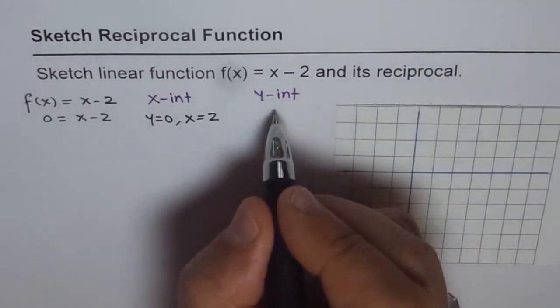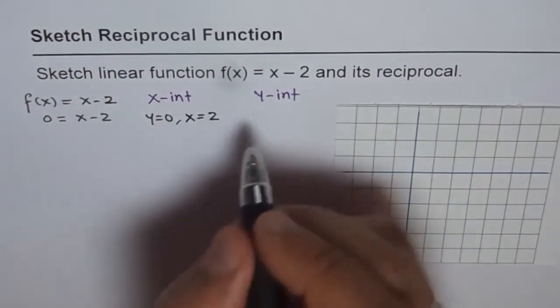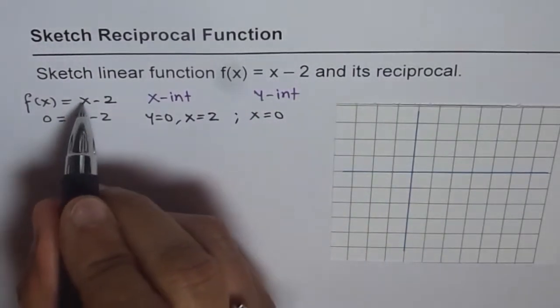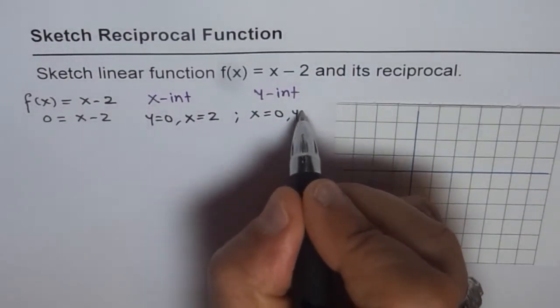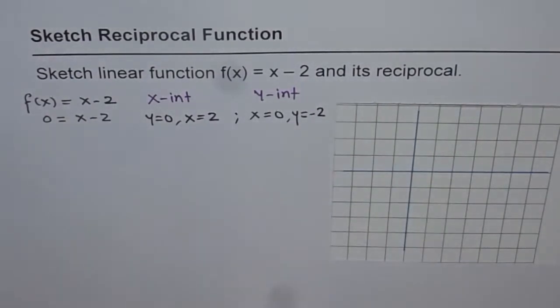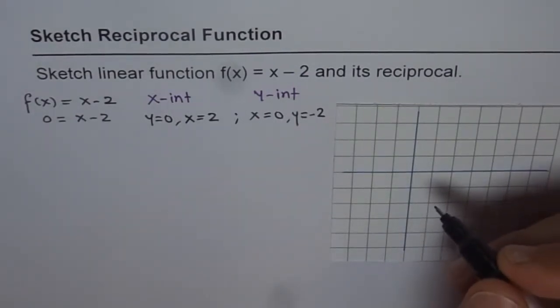For finding the y-intercept, we have to put x equals 0. If I put x equals 0, I get y equals -2. So these are the two critical points. We can plot these two points, connect them, and get the linear function.